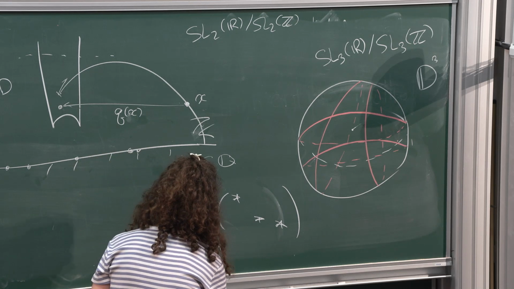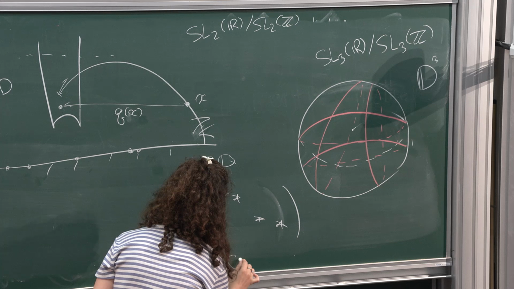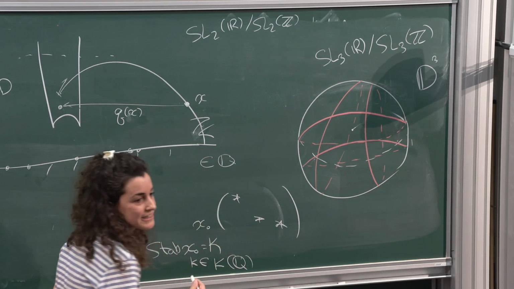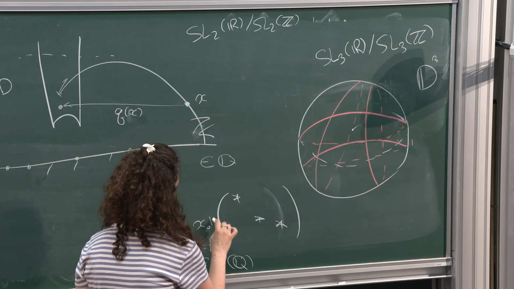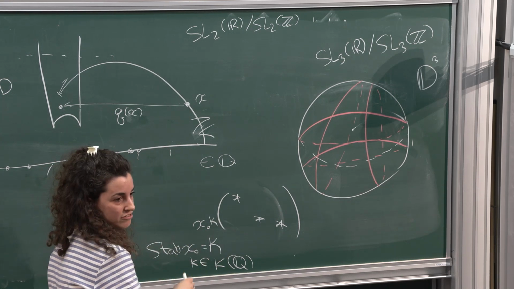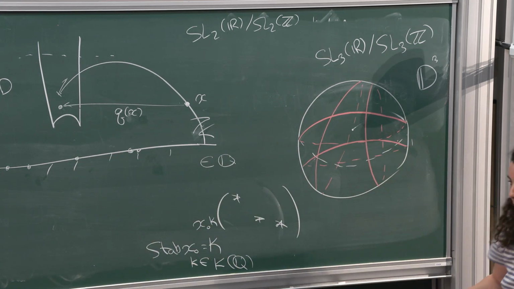You can take any k in K(Q), or K intersected with G(Q), and you can apply it here. So for any such construction, you'll get a rational flat, which is two-dimensional.